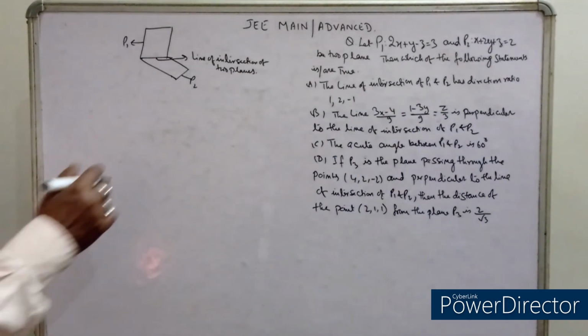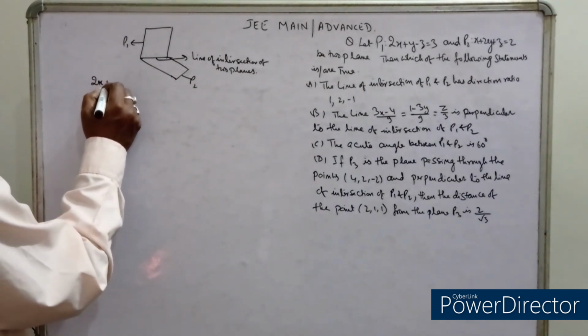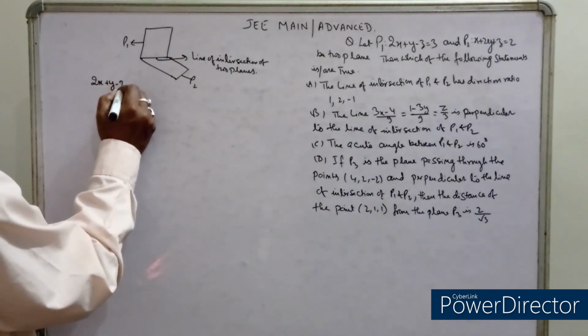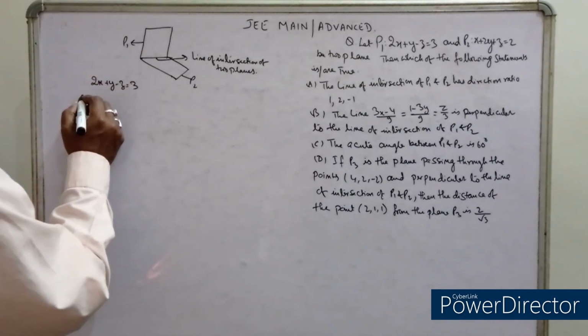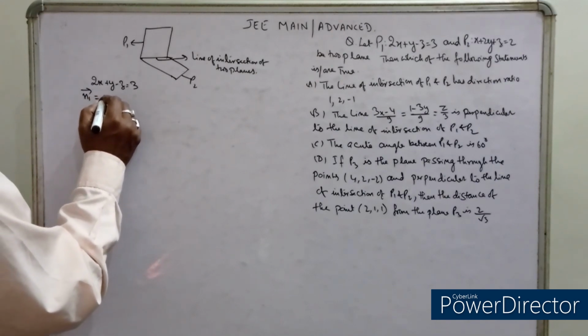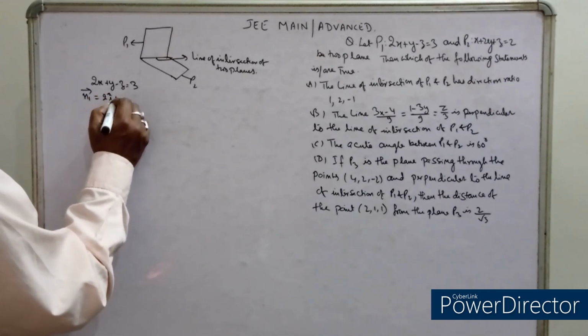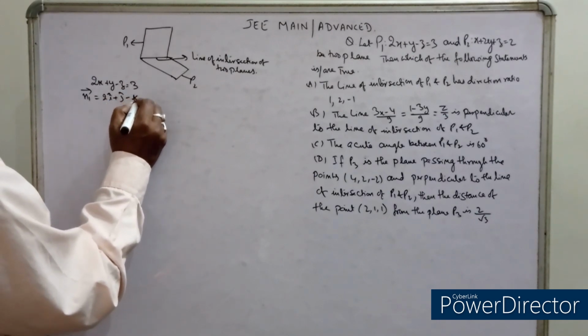So now here the equation of the plane is 2x plus y minus z equals 3. So the perpendicular vector n1 will be equal to 2i cap plus j cap minus k cap.